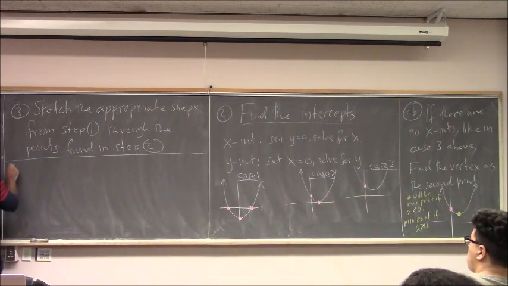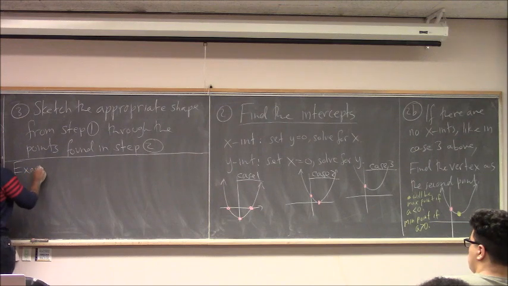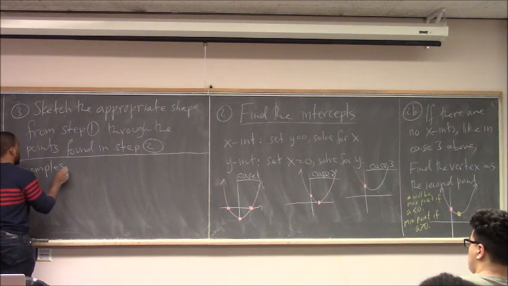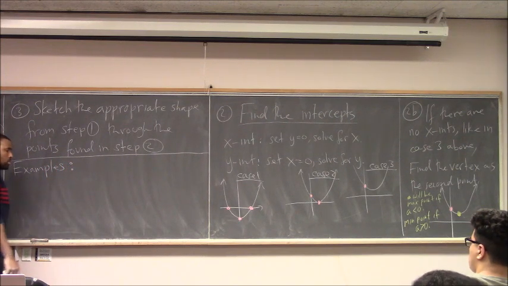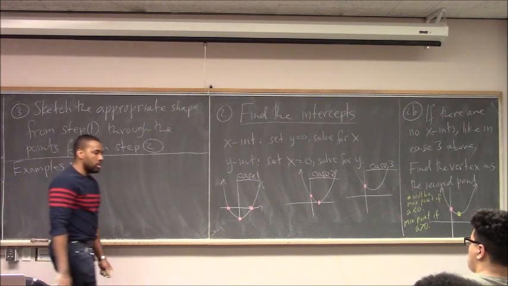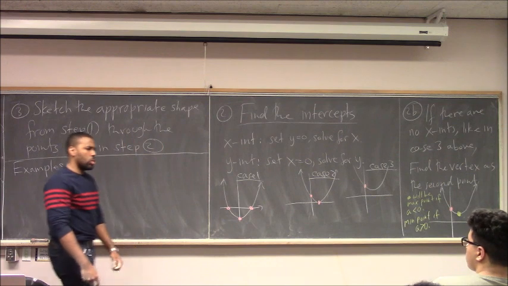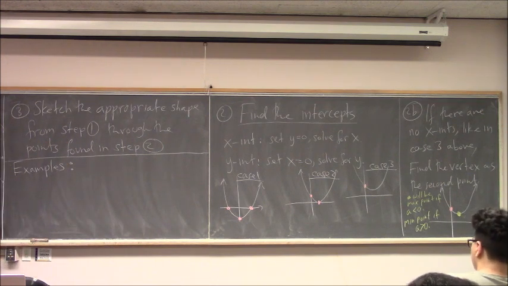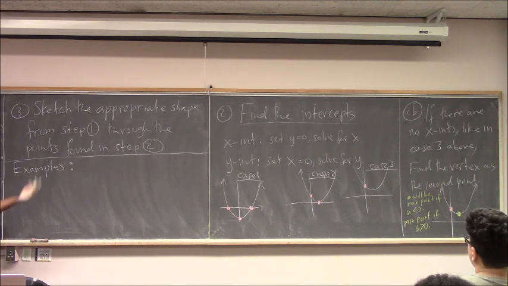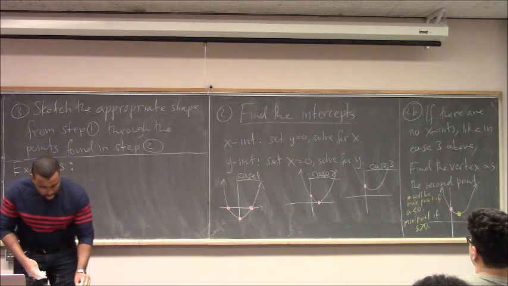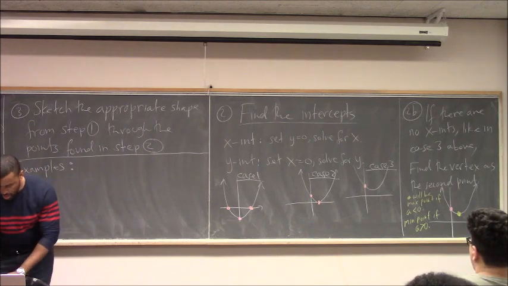Let's do some examples. So dealing with a quadratic function is kind of like dealing with, algebraically speaking, a quadratic equation. When it comes to graphing it, it's a 3-step process, as I just outlined. So let's actually do some examples here.